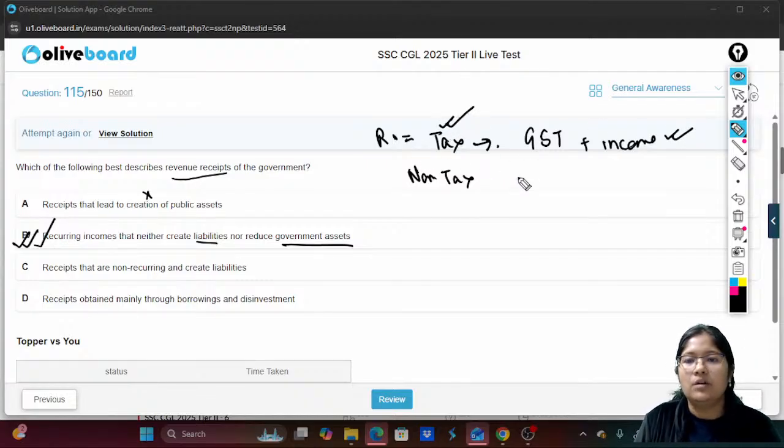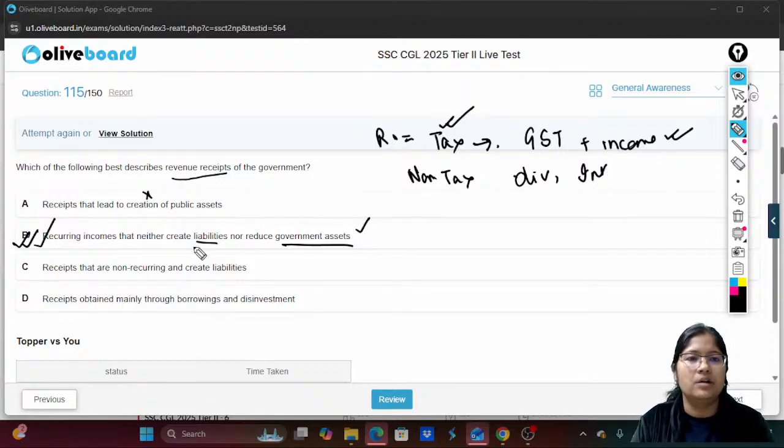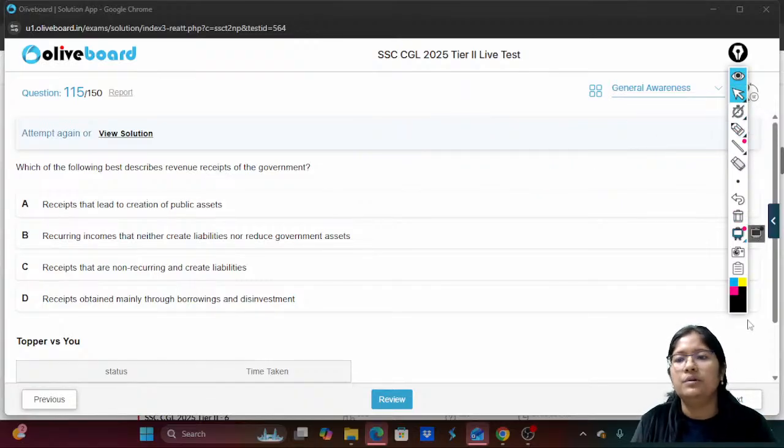Then in the non-tax revenue, there can be the dividends, the interest, the fines that go to the government, right? So all these things are in the non-tax revenue, and these are not fluctuating, neither create liabilities nor reduce government assets. They are a recurring source of earnings which keep on coming.